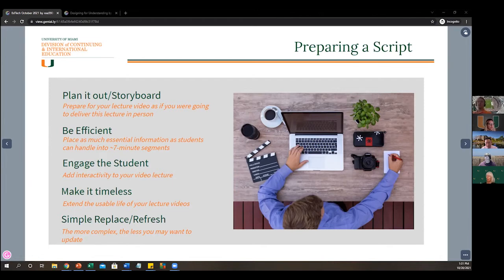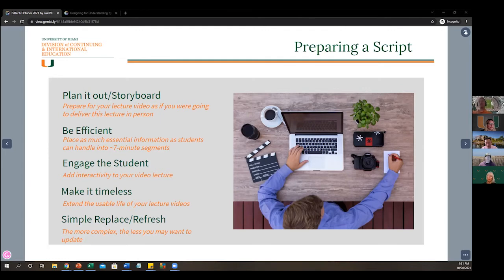Exactly. If something doesn't need to be mentioned, or it can change, leaving it out is going to go a long way toward making your videos timeless and extending their usable life. Like I said, for some topics, 2 + 2 is always going to equal 4, so you won't necessarily have to replace that video.